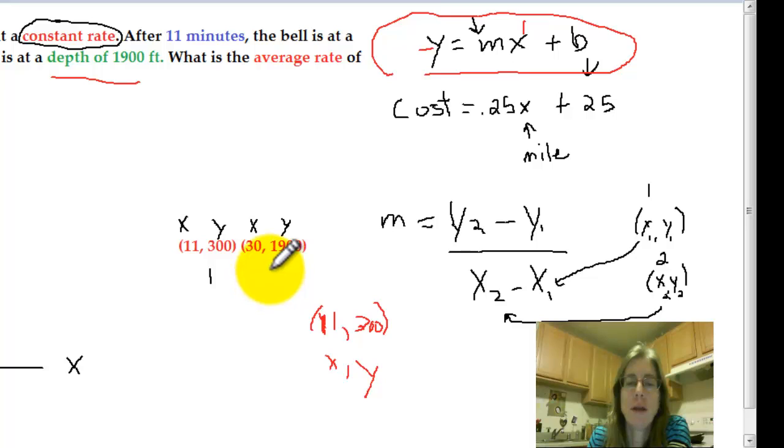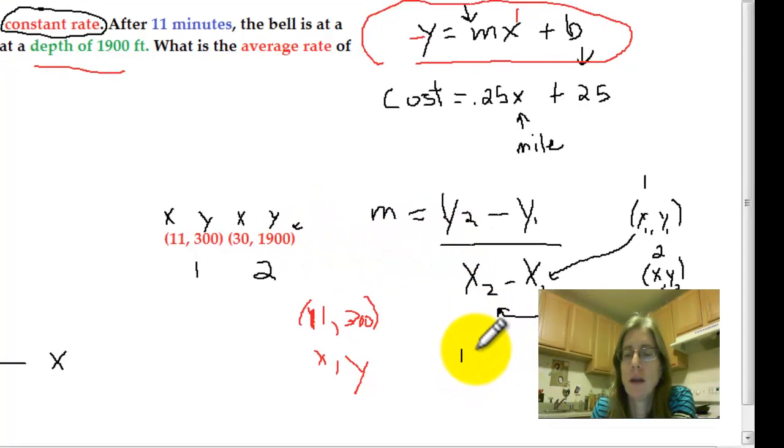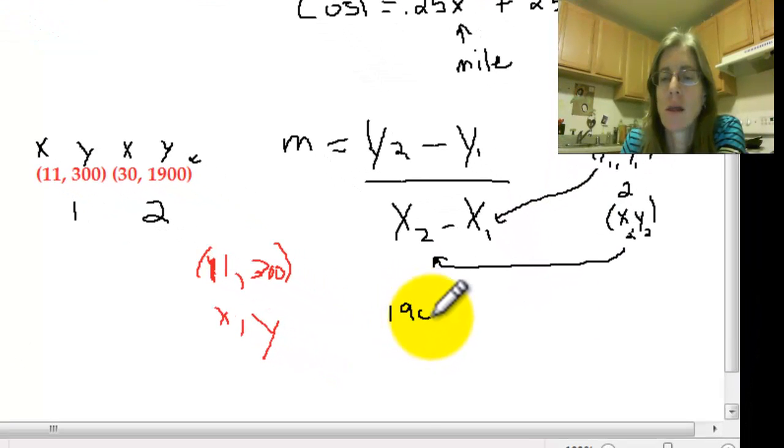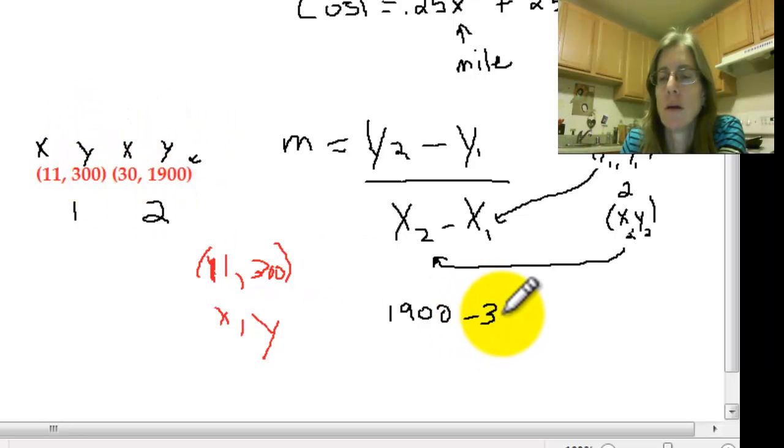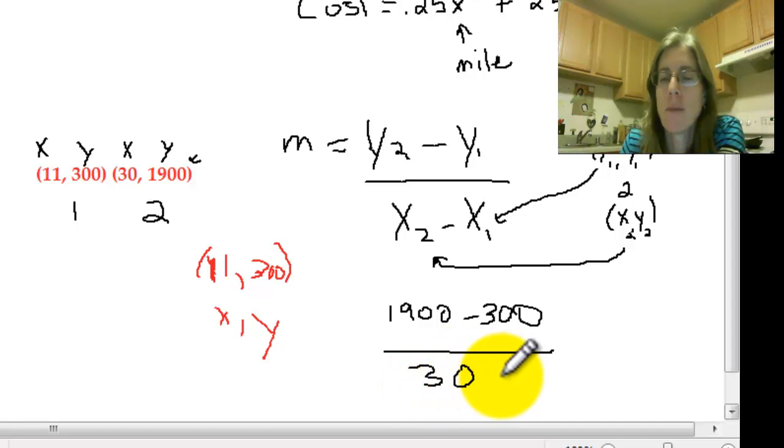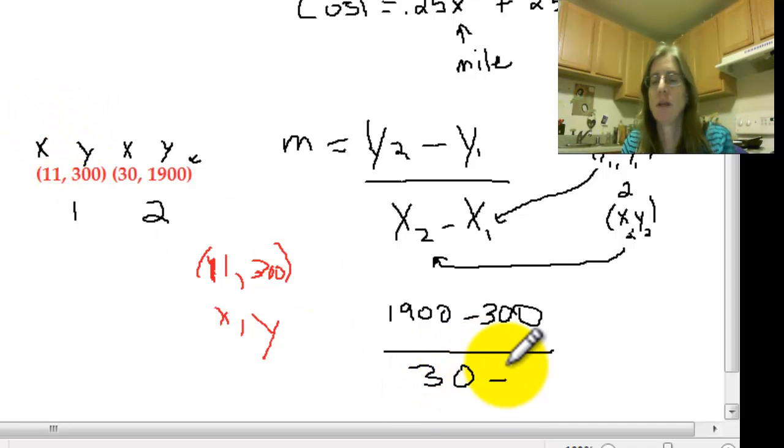If this is point 1 and this is point 2, then we can fill in y2, which is 1900, minus the y of point 1, which is 300, over the x of point 2, 30, minus the 11 minutes of point 1.